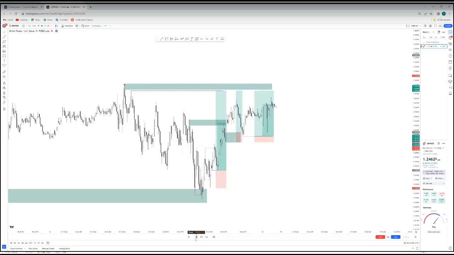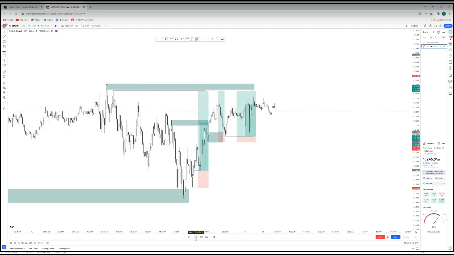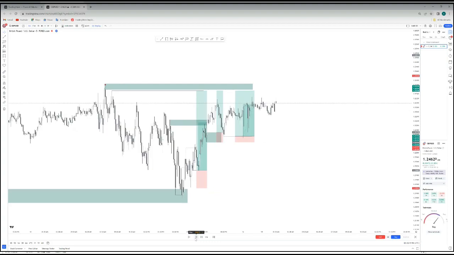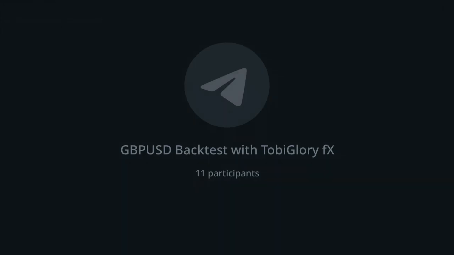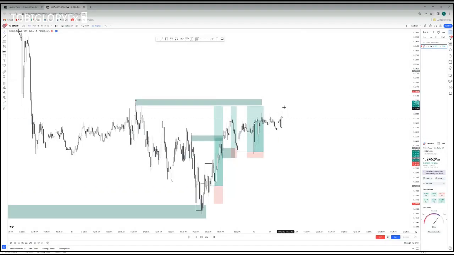You can see our price took out the low and moves our direction. So what I'll be looking for is if I'll be having a sell confirmation from this area. And if I don't have a sell confirmation, then the buy continues.